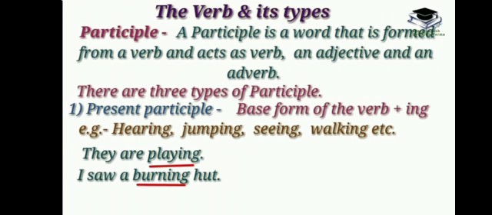There are three types of participle also. Number one is the present participle. It is the base form of the verb plus ing. As I have already told you, it is going to be used as a verbal adjective in the sentence. Though it is a verb plus ing form, it will be used as a verbal adjective.